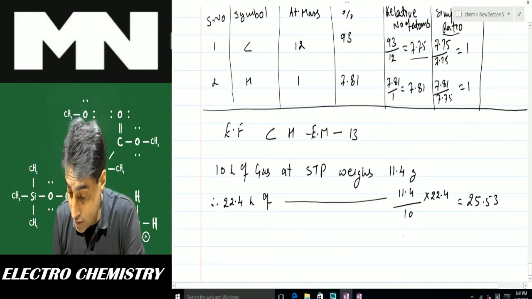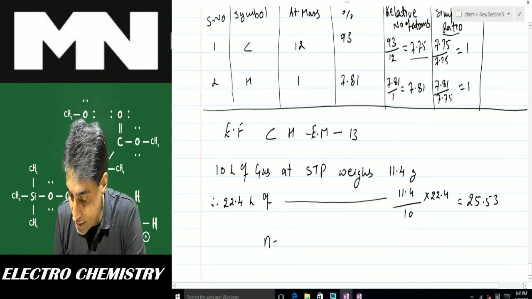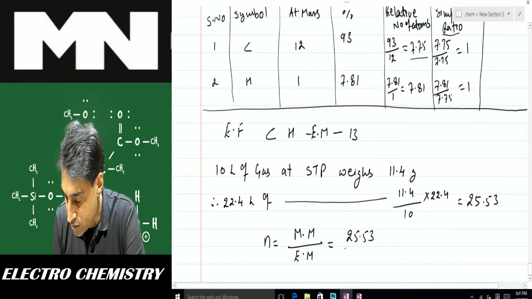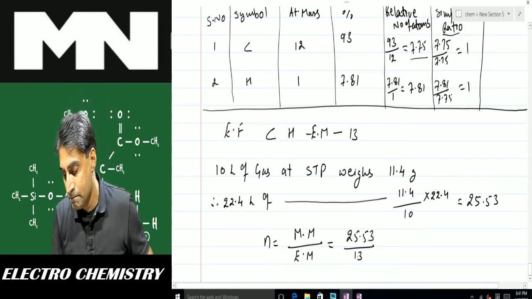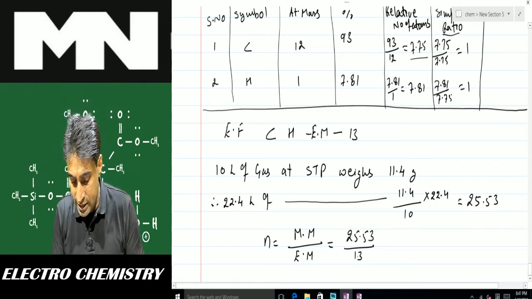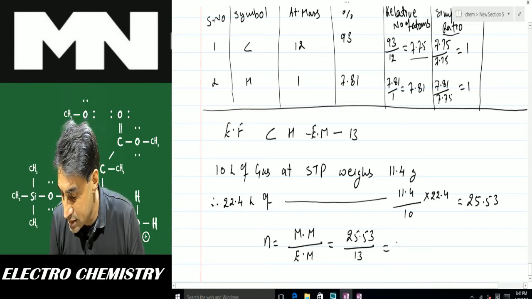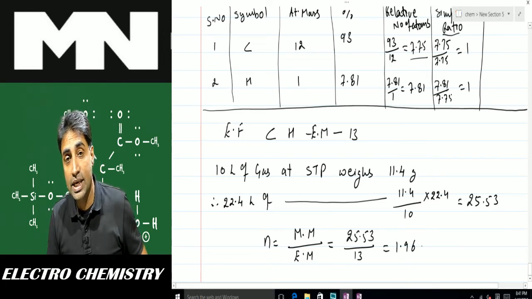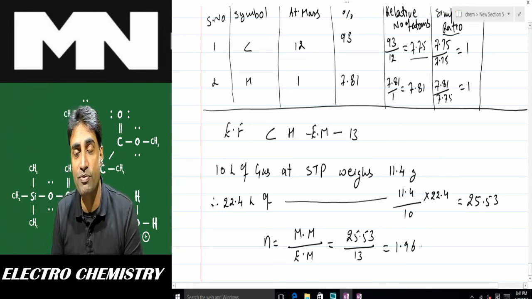In order to calculate the value of n, I told you that it is always molar mass divided by empirical mass. Here in this case, it is 25.53 divided by 13. If I divide it by 13, it comes out to be 1.96. And we know that n is an integer, it can never be fractional.